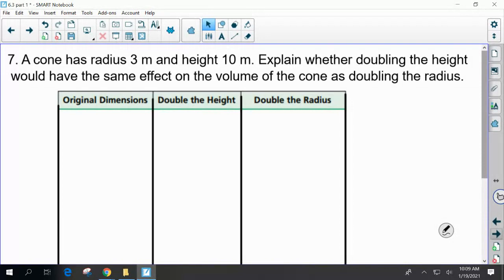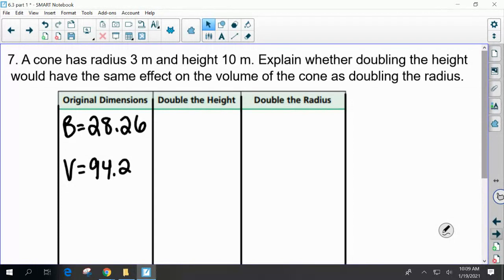So if we were to find the original dimensions and find the volume of that, capital B equaled, I think, 28.26. And then the volume equaled 94.2. So there's no point in doing that again since we just used those dimensions.